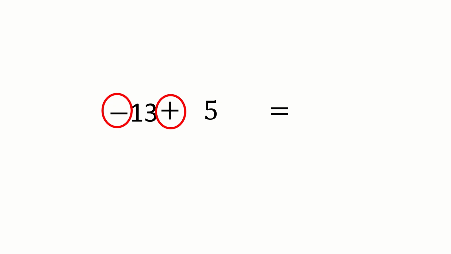We are going to subtract because negative times positive is negative. So 13 minus 5 is 8. Now which number is bigger, 13 or 5? 13. What sign is in front of it? A minus, a negative. So we say our final answer is negative 8.